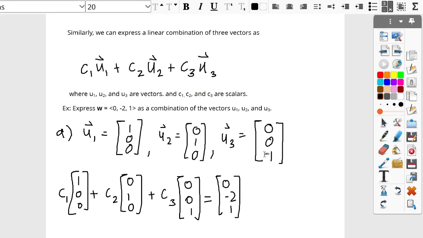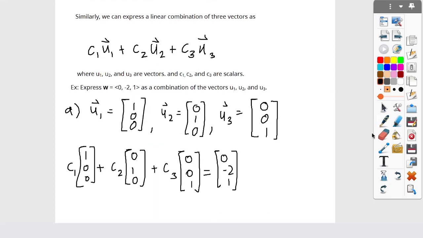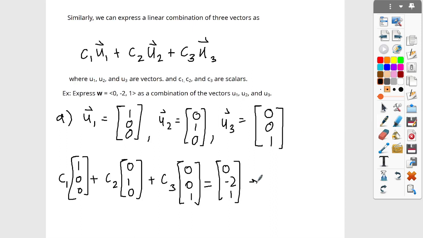I use angular brackets, but sometimes you also see it written like a coordinate, with actual parentheses. Sometimes it's used like that in linear algebra, and you've got to be aware of that. So what you'll end up with is what's called the standard basis. Why is it a standard basis?